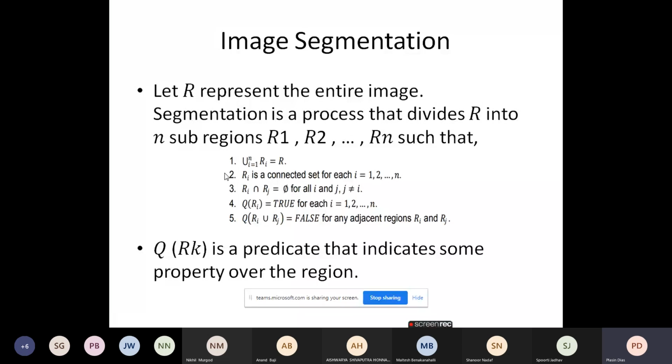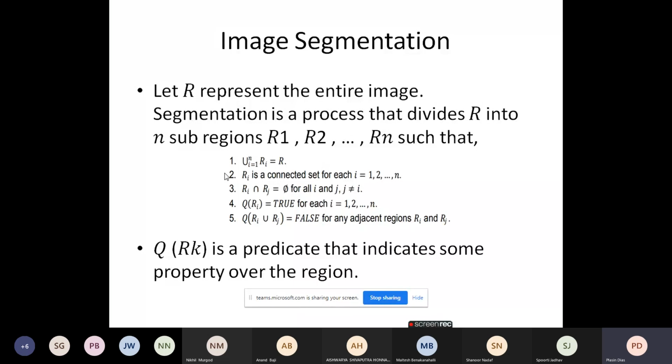So how do you say that two regions are adjacent? We had seen the properties of adjacency in module 2, wherein we saw N4, N8 and M adjacency when we considered path length calculation. When we have two regions Ri and Rj, they are said to be adjacent if their union forms a connected set.